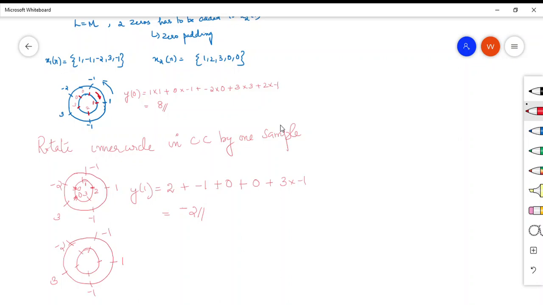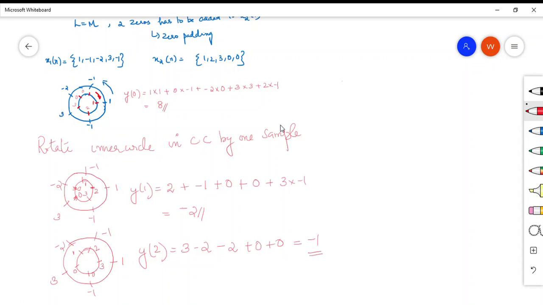Again you rotate by one sample, so here it becomes 3, 2, 1, 0, 0. Now multiply. So y of 2 will be equal to 3 minus 2 minus 2 plus 0 plus 0. So here the answer is minus 1.